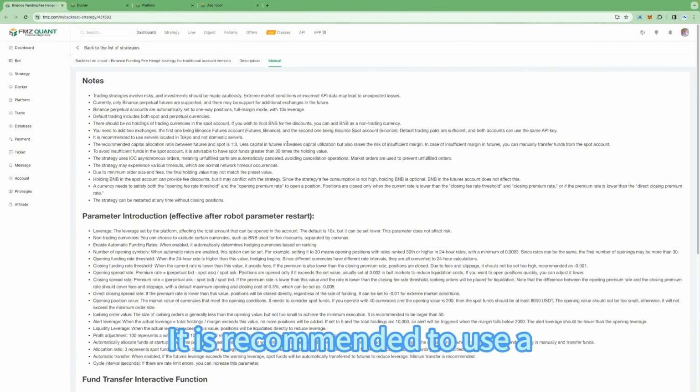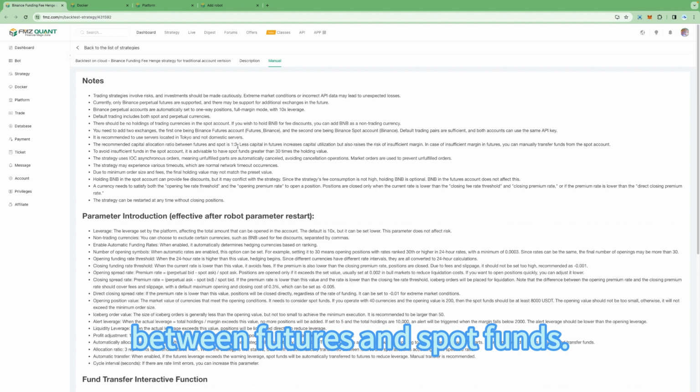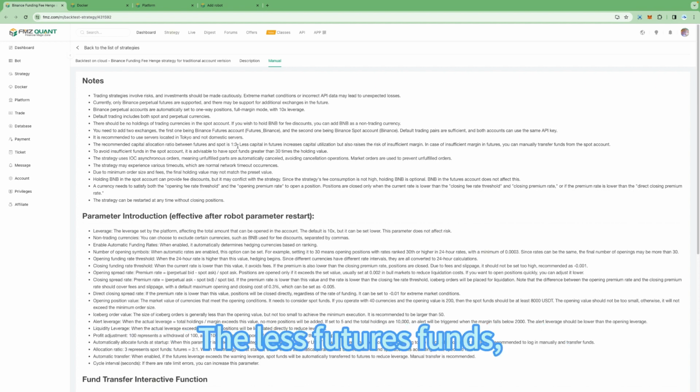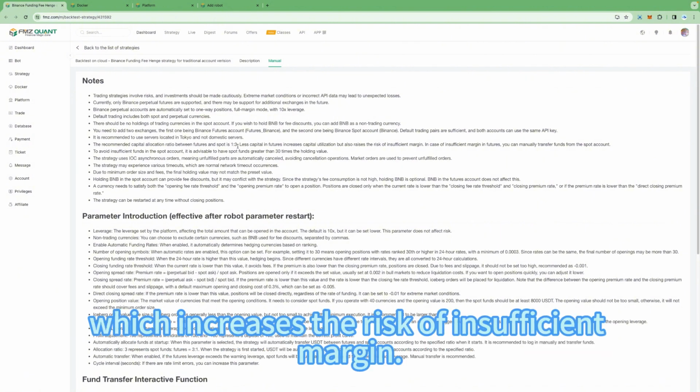It is recommended to use a 1-to-3 ratio between futures and spot funds. The less futures funds, the higher the utilization rate of funds, which increases the risk of insufficient margin.